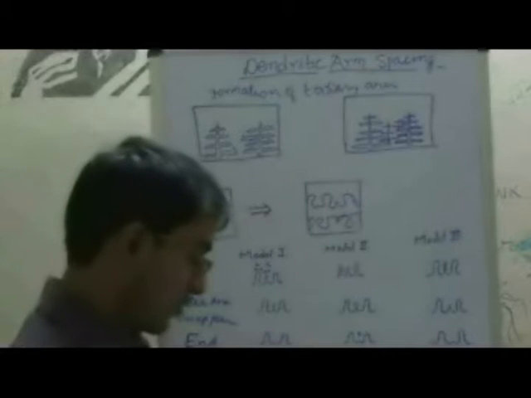Going to discuss dendritic arm spacing. Dendritic morphology in the case of casting and ingot making processes remains largely unchanged over a wide range of cooling rates. I mean to say that in the case of casting, it doesn't depend much on cooling rate.